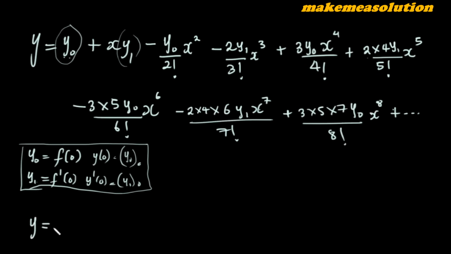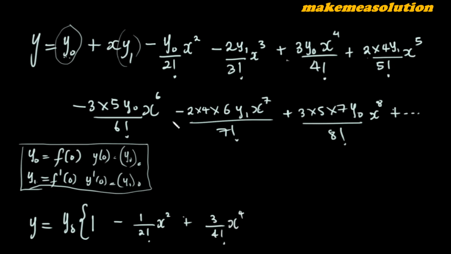So when you collect all the terms having y0 together, we'll get y0 brackets. So we have 1, then the next term is minus 1 over 2 factorial x squared. The next term is plus 3 over 4 factorial x to the 4.